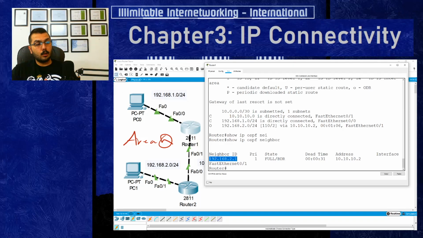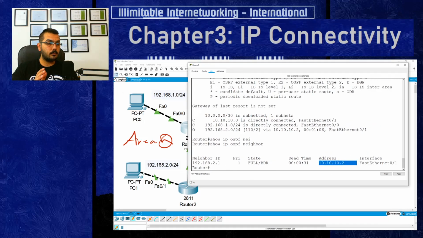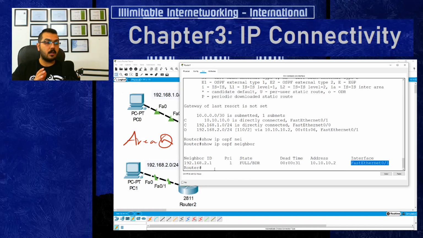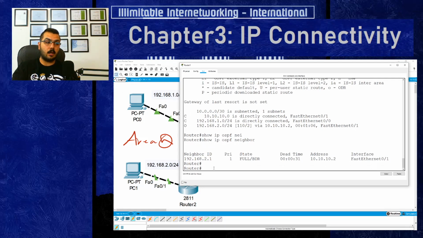I have configured only two IP addresses here, which were 10.10.10.2 and 192.168.2.1. Okay, inside them, which one is the bigger? Clearly it's this one, so this one is chosen as the neighbor RID. Okay, the state is full and it's chosen as BDR. This is no problem because it's already a point to point, and the address that I'm connected to is this one, using this FastEthernet. Okay, so you see the router ID in the show ip ospf neighbor.